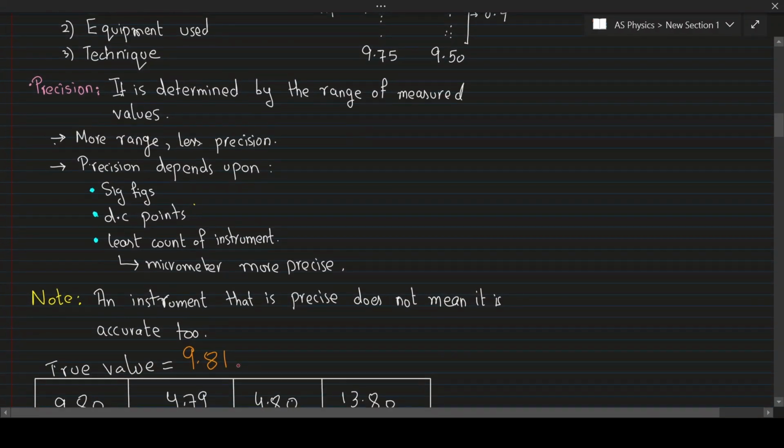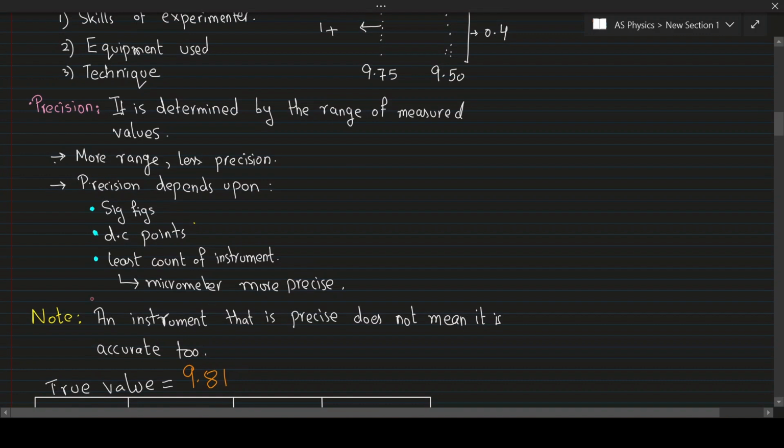There's a point to note here that an instrument that is precise does not mean that it is accurate too. If we are getting a micrometer reading of 4.5, that does not mean that it is accurate because g is always 9.8. If we are getting close to 9.8, then we can say it is accurate, else it would not be accurate.